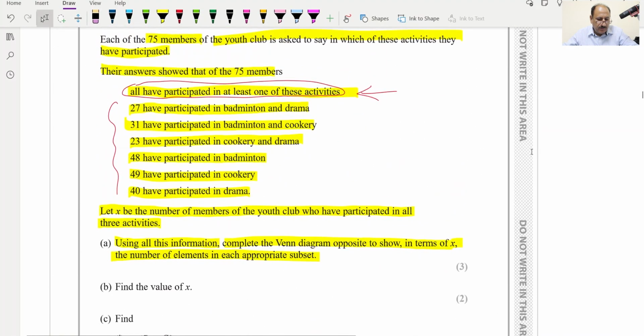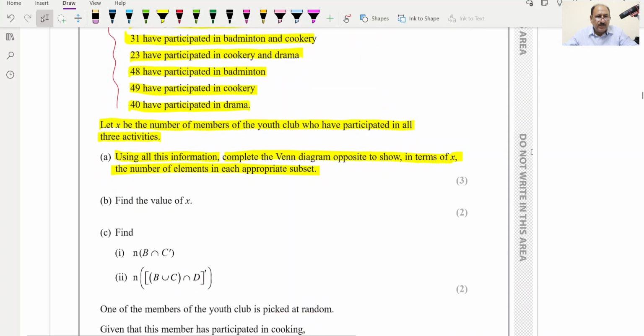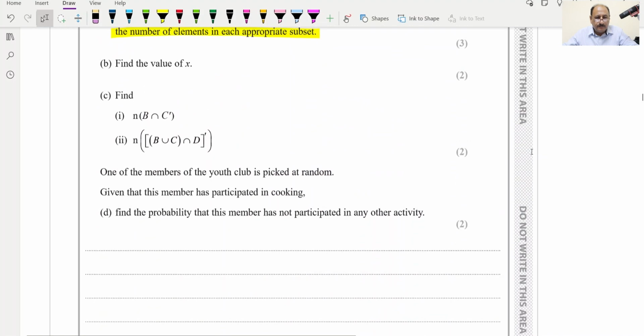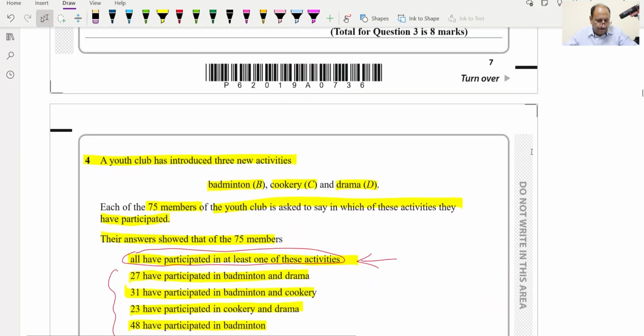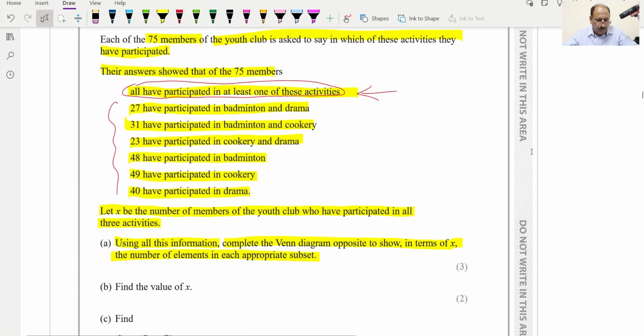And the next information is 48 have participated in badminton, 49 have participated in cookery, and 40 have participated in drama.